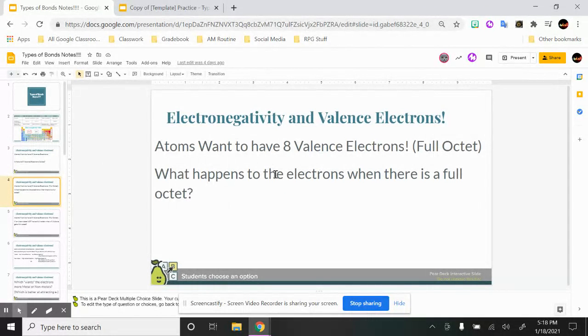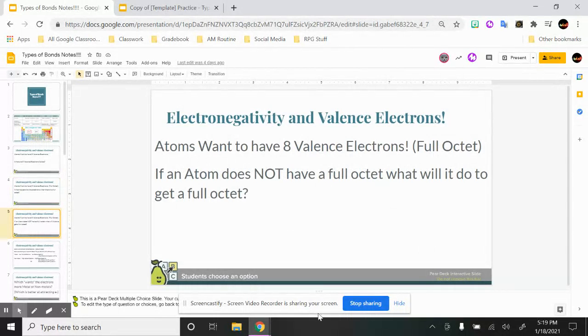And when our atoms already have a full octet, all those electrons are paired up. The atom is stable, it does not want to change, and the atom no longer bonds. If an atom does not have 8 valence electrons, it's going to try and bond until it can get a full octet.